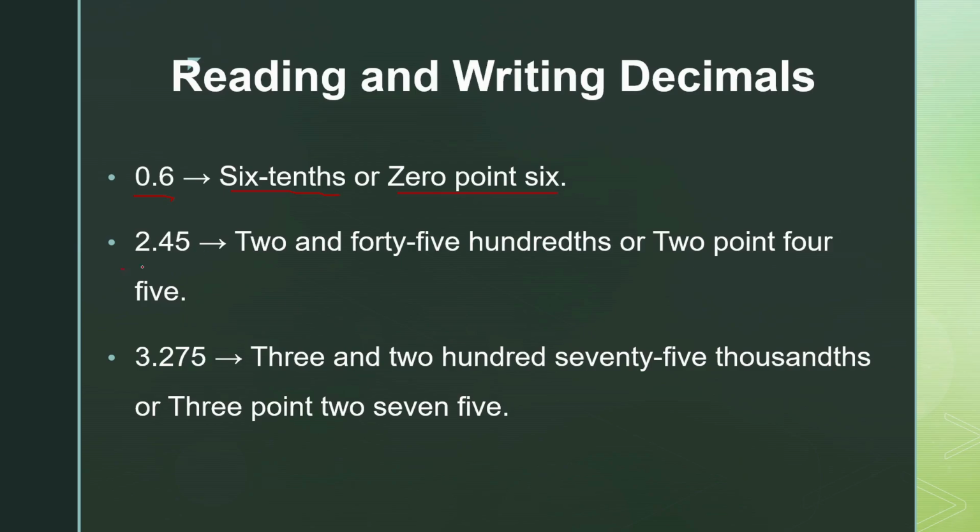Similarly, 2.45 can also be read as 2 and 45 hundredths. As you can see, we always read the whole number first. The decimal has to be represented by the word "and." Then we read the number after the decimal as it is, but at the end, we just specify the place of the last digit in the number.